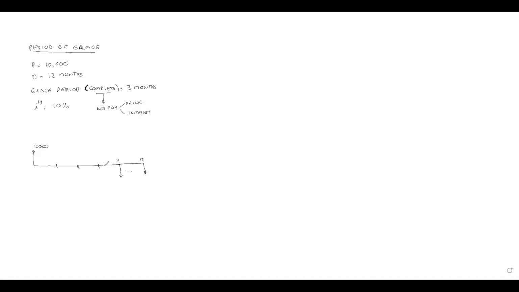The loan amount still accrues interest. Yeah, of course. So basically what they're going to be doing, guys, is moving this $10,000 and computing what is the future value at period 3. So they're going to compute this value here. Do you agree? And then this is going to be your real principal. Let's call it principal star.